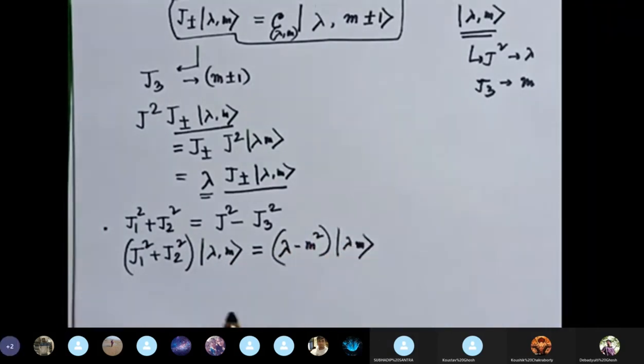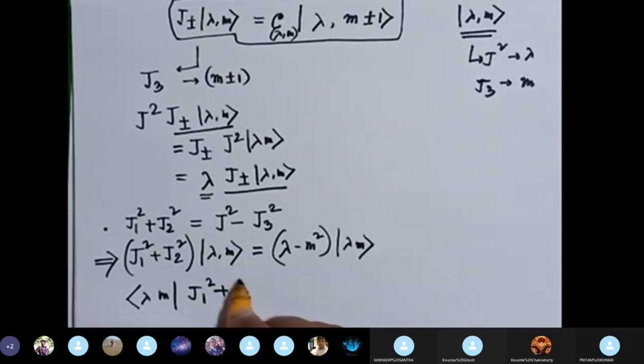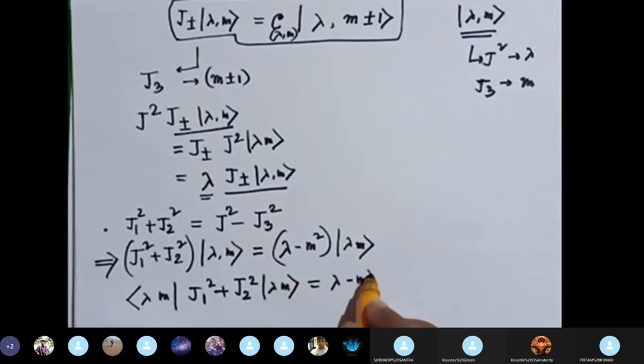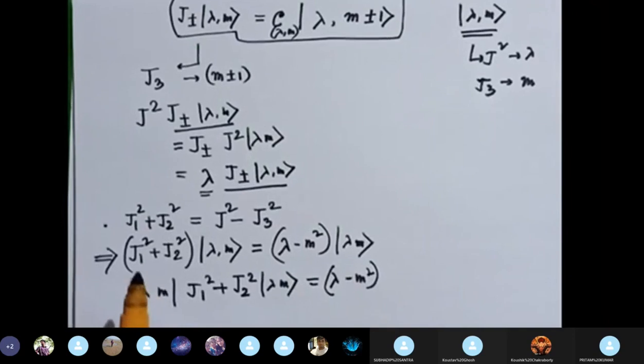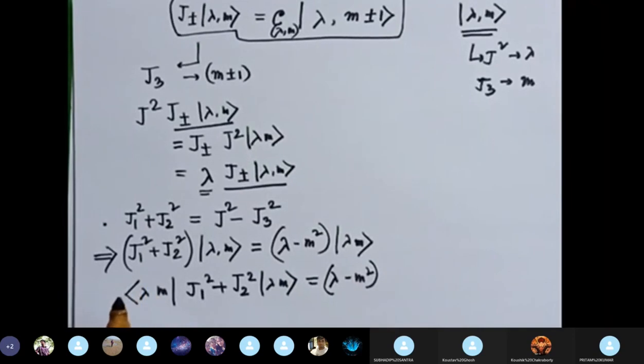Clear? Now if you take the expectation value between lambda m, this is lambda minus m square, because we have chosen the common eigenstates of J square and J3 to be normalized.